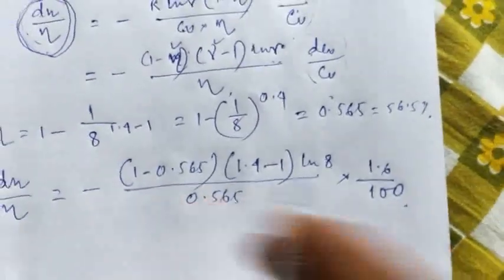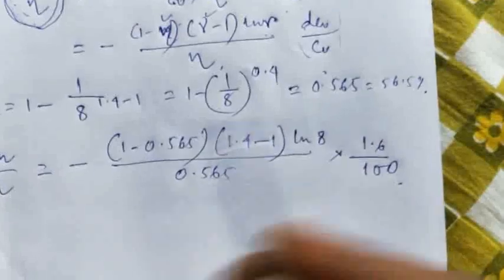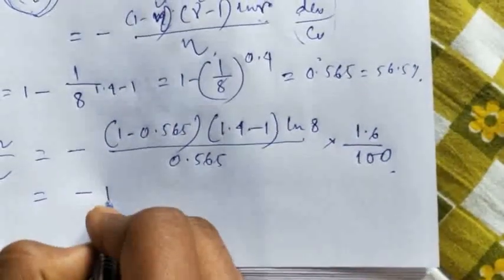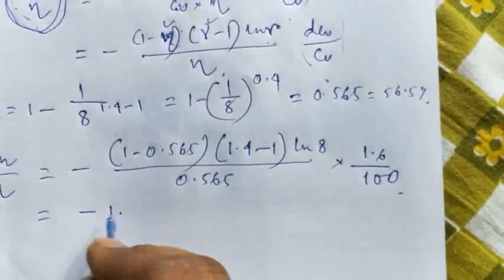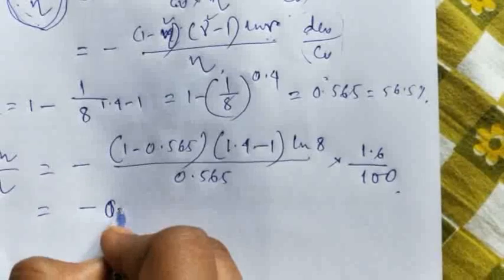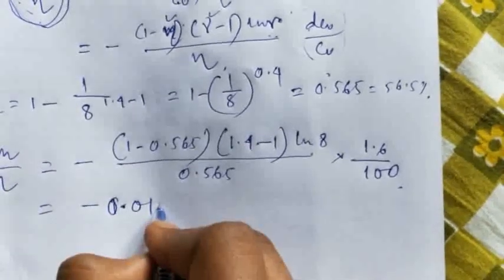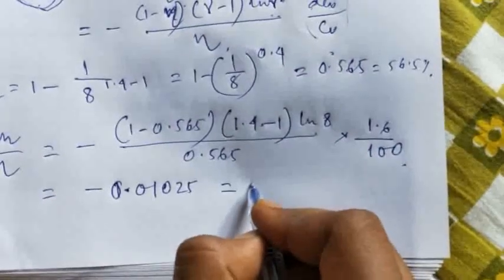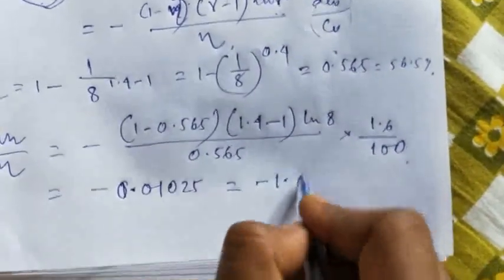Okay, now if you calculate this by calculator, it becomes minus 0.01025. This will be equal to minus 1.025%.